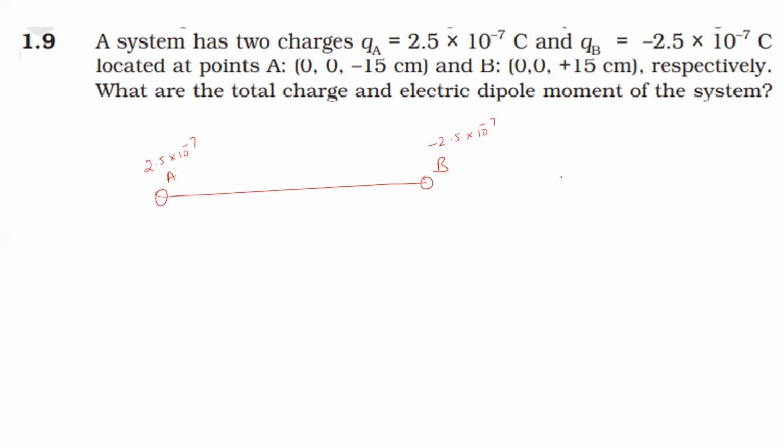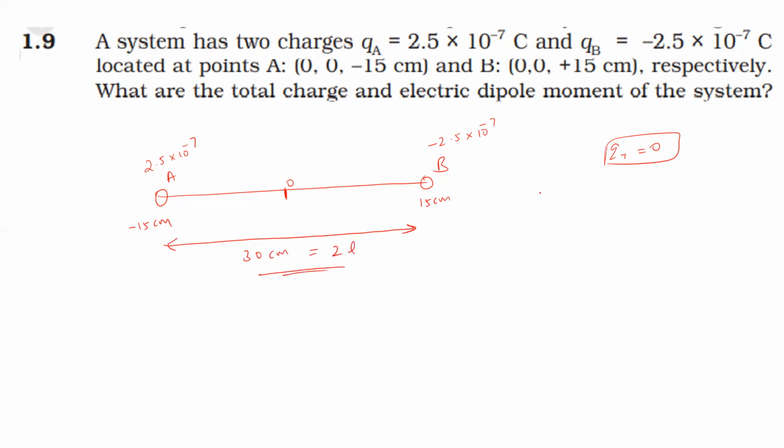Since A and B are equal and opposite sign charges, the total charge is 0. Total charge is equal to 0. And this point A is minus 15 centimeter and point B is 15 centimeter. If we consider this as the origin, then the distance between A and B is 30 centimeter. This we take as 2L.